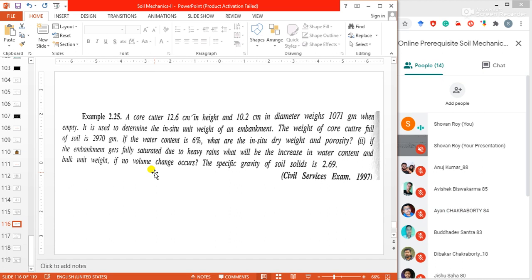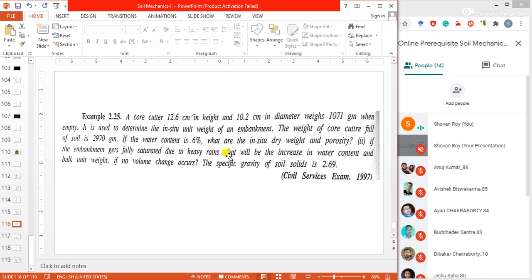But from your batch onwards, these two chapters, compaction and consolidation, will be studied in soil mechanics 2 or the foundation course.